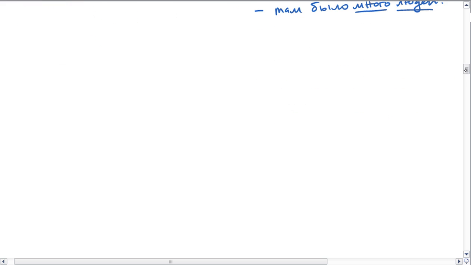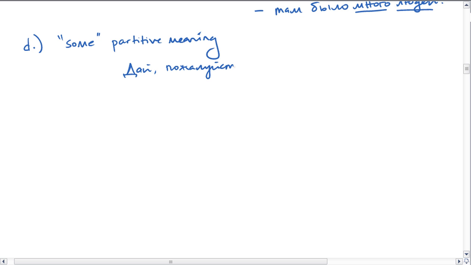Okay, so still talking about measure and quantity. Another form is when we're saying some. So it's a partitive meaning, and we're going to use the genitive case. So for example, can you please give me some bread? Дай, пожалуйста, хлеба.